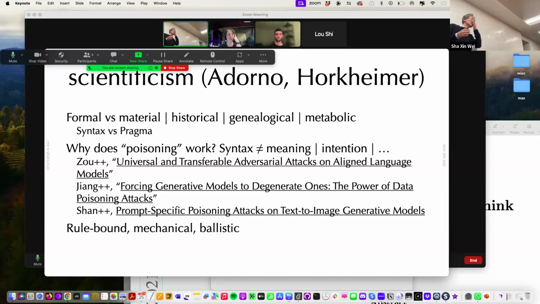So you can make, for example, sailboats classified with mountains, or whatever. So that's a way of breaking the supposedly semantic categories that these large language models are supposed to form.